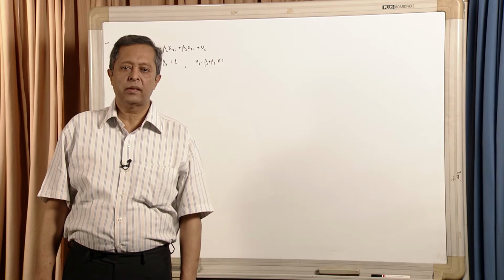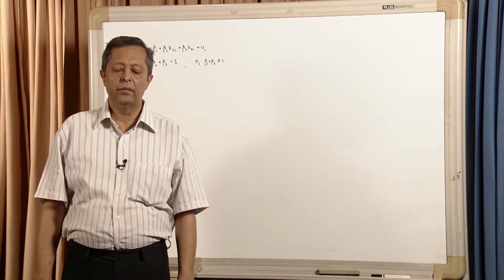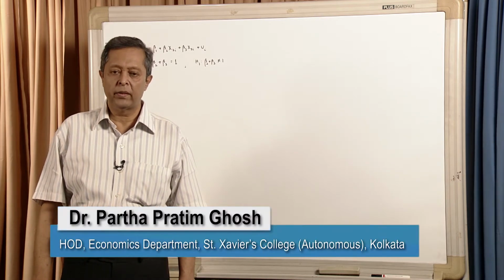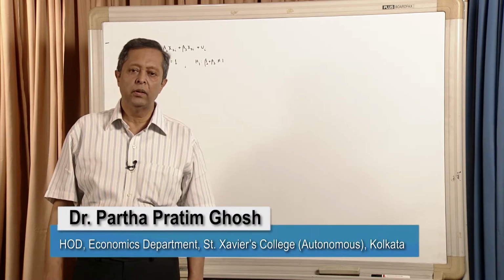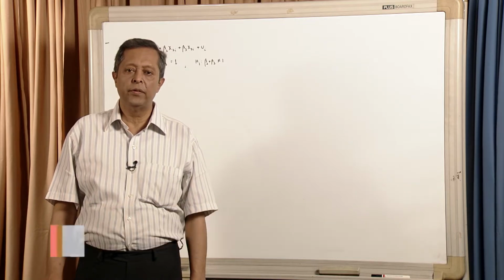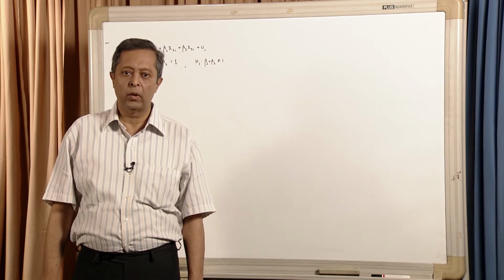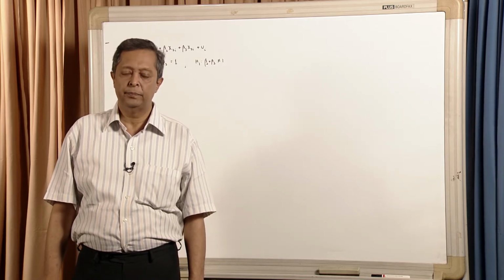Welcome viewers. We are now beginning module 29 of this course on econometrics, and this module will deal with testing of several coefficients of the multiple linear regression model in a joint manner.